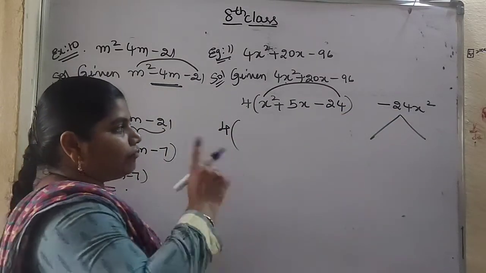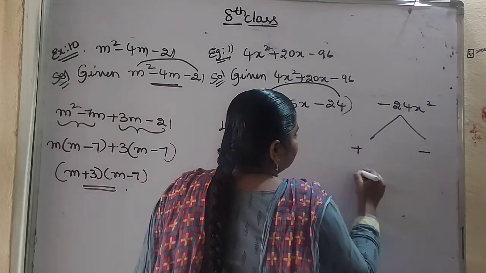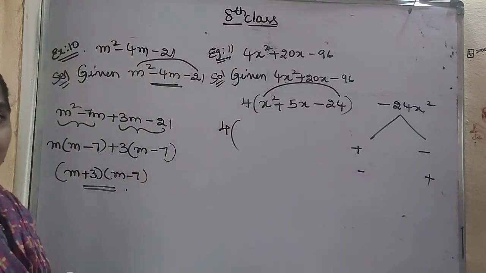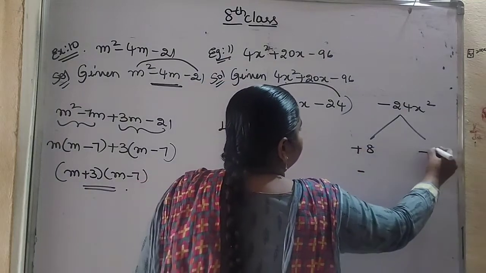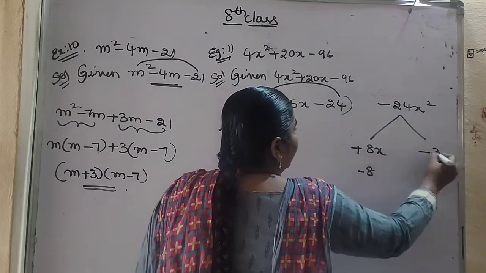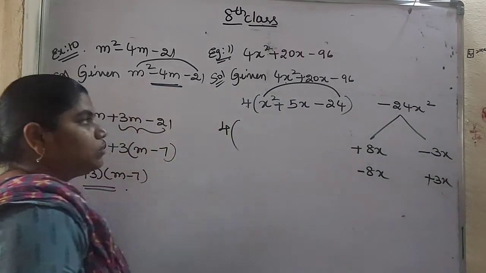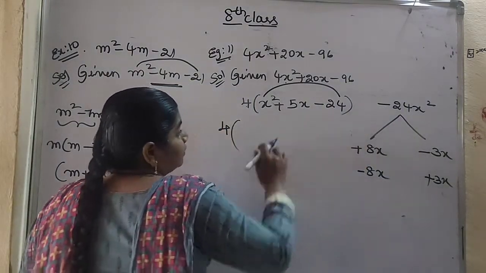So we take the factors of 24: minus can be written as plus into minus, minus into plus. We can take 8 times 3 is 24, and x into x will be x square. Now if you subtract the numbers, it should be plus 5x.